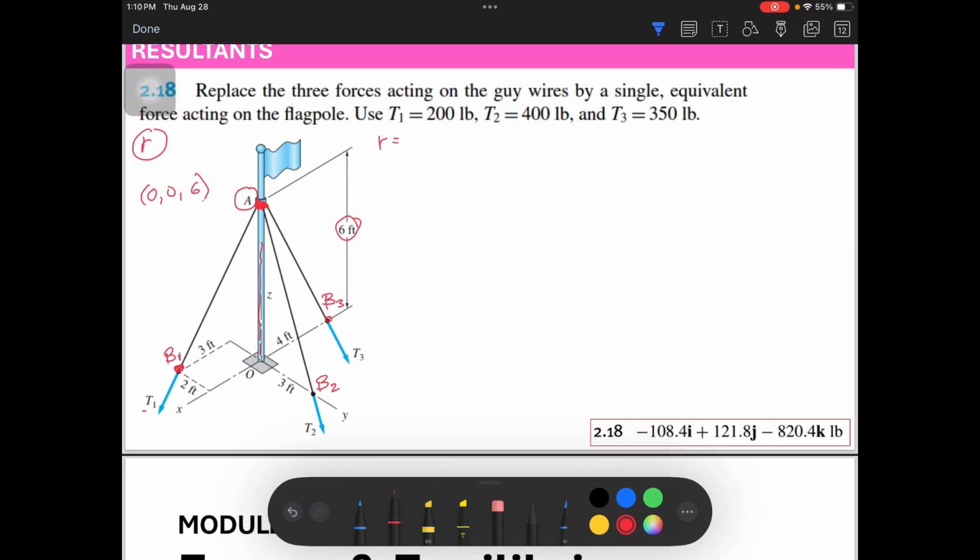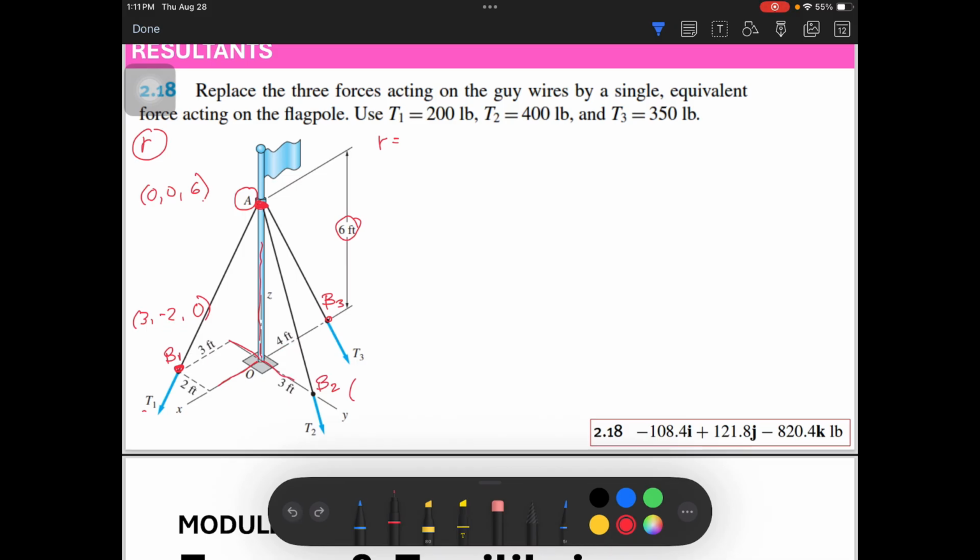Next, let's get the coordinates ni B1 or point B ni force 1. Meron ba siyang X coordinate? Yes, it's 3. Meron ba siyang Y coordinate? Yes, it's nandoon. So, it's negative 2. Meron ba siyang Z coordinate? Wala. And then, ano ang coordinates ni B2? Meron ba siyang X coordinate?